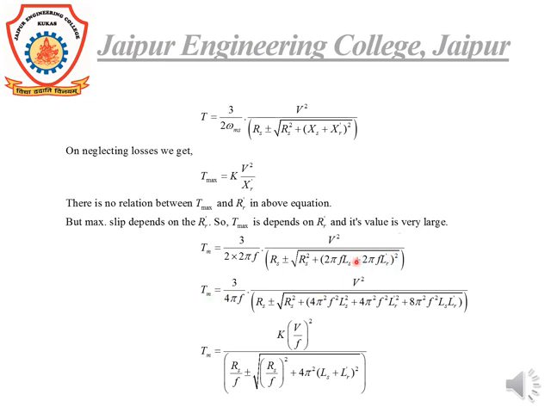Now I have applied the (a plus b) whole square formula, which equals a square plus b square plus 2ab. So I have opened this, and on solving this we will get 4 pi square f square as common in all three terms. Here we have 4 pi square f square, and here we have 8 pi square f square, so we can take 4 pi square f square as common from this term also.